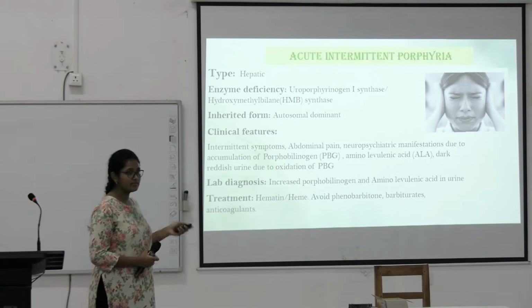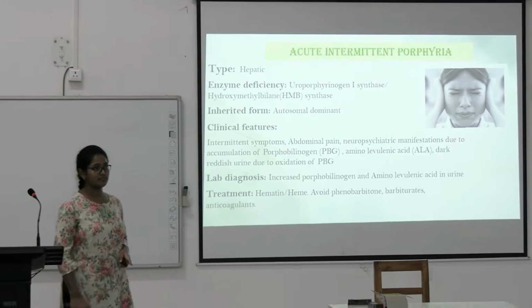Anyway, one thing I would like to say is that I have never seen a case of acute intermittent porphyria so far. There was a case of acute abdominal pain mimicking acute intermittent porphyria.